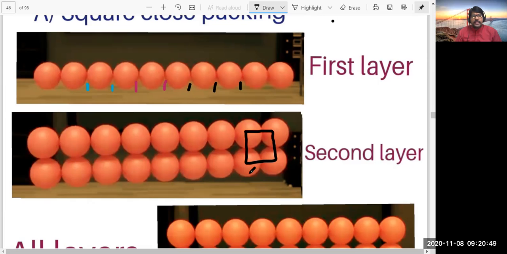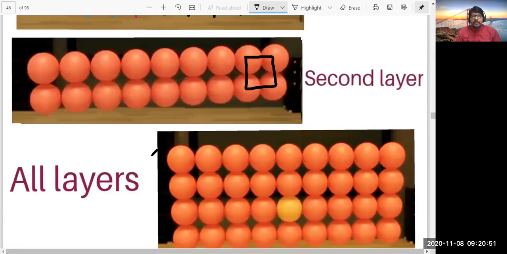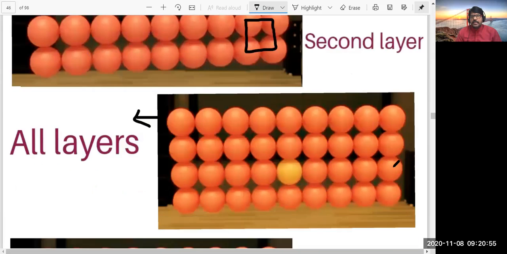If you take all layers, this is the first layer, this is the second layer, the third layer, the fourth layer, and in every layer you can see the orientation. The particles are lying exactly below the particles of the previous layer, and these repeating units are called unit cells, and a unit cell is a square.